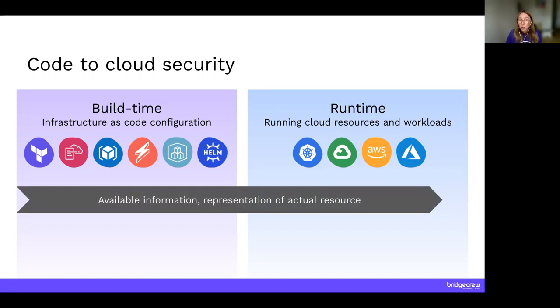And we found that until you see an object that exists in your Google Cloud or AWS environment, you don't necessarily always have the information that you need to understand whether it's correctly configured or whether a misconfiguration actually represents risk.